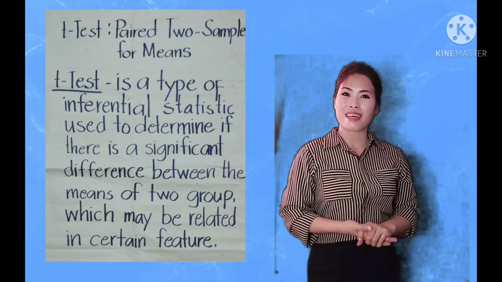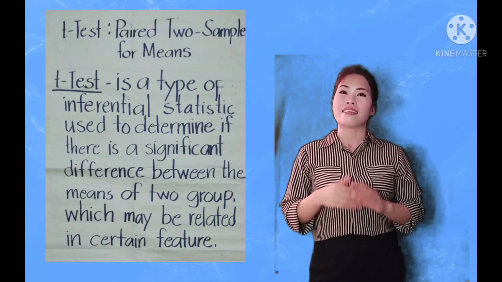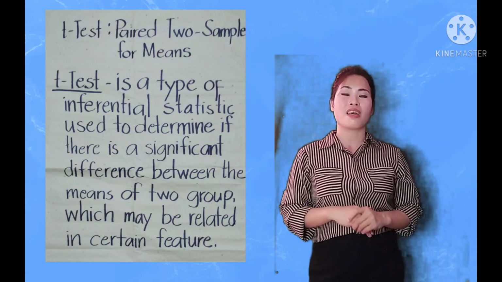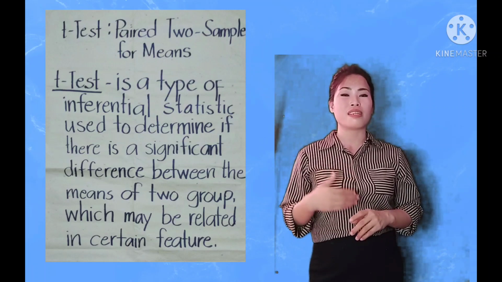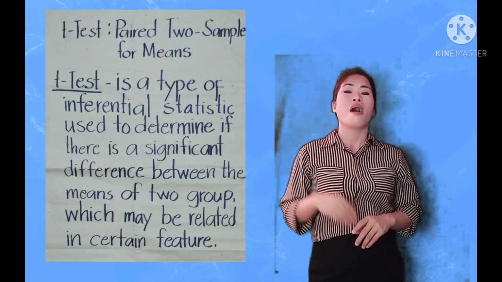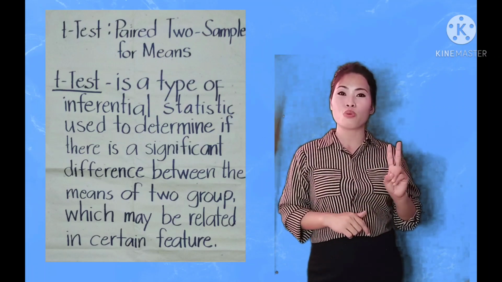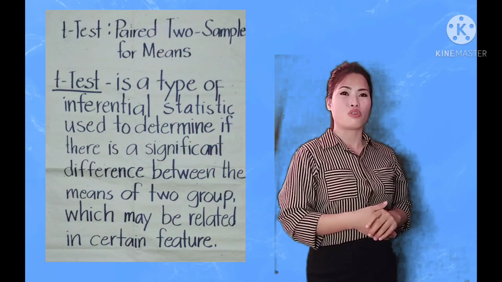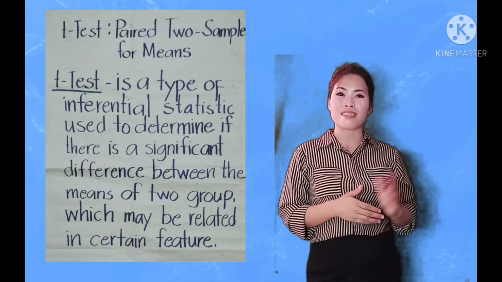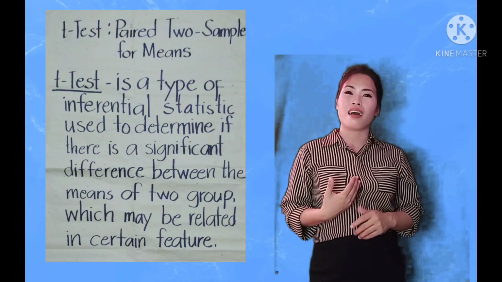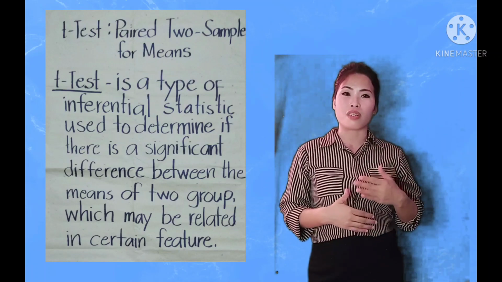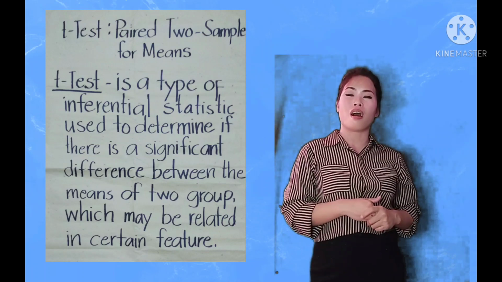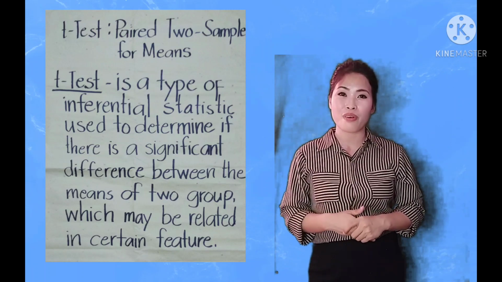A t-test is a type of inferential statistics used to determine if there is a significant difference between the means of 2 groups which may be related in a certain feature. When we say inferential statistics, it allows us to make predictions or inferences from the data that we have gathered.